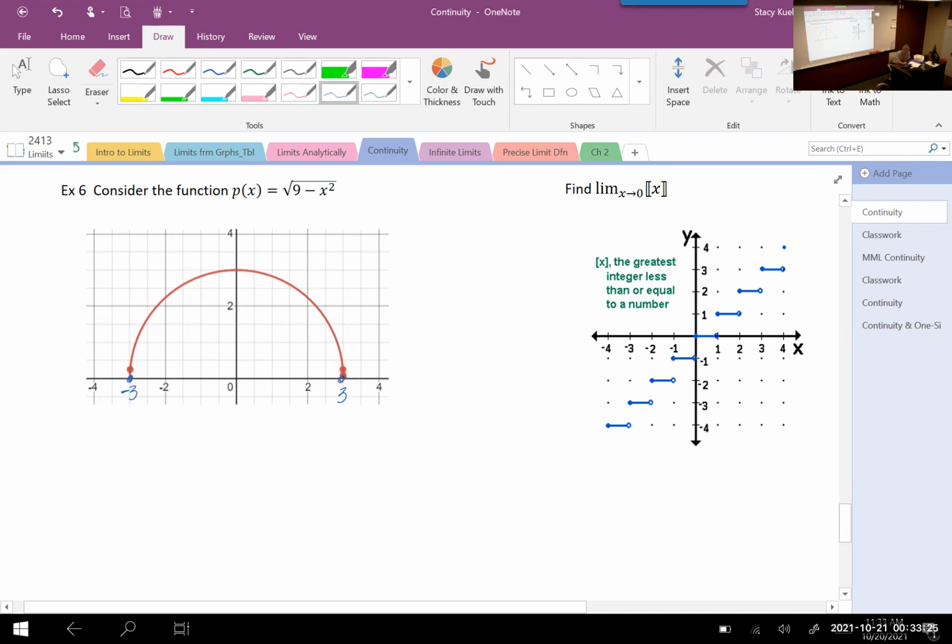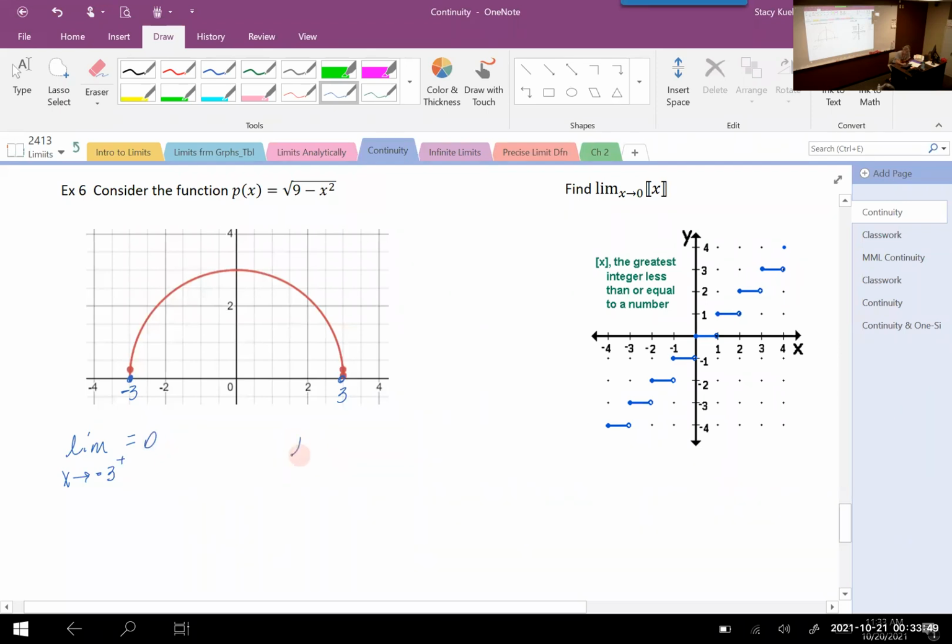If I wanted to talk about the limit as x approaches -3 from the right, what is that value? The function is getting closer and closer to 0, correct?